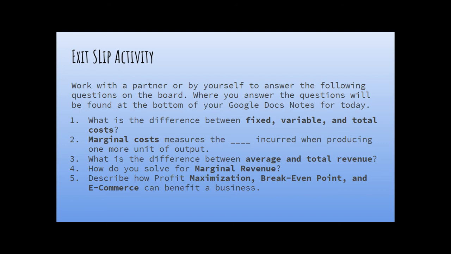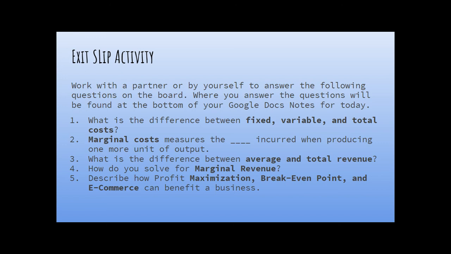So that's in your definition for that, marginal cost measures the blank incurred. 3 is, what is the difference between average and total revenue? 4 is, how do you solve for marginal revenue? So it's going to be that formula, marginal revenue, in your notes.